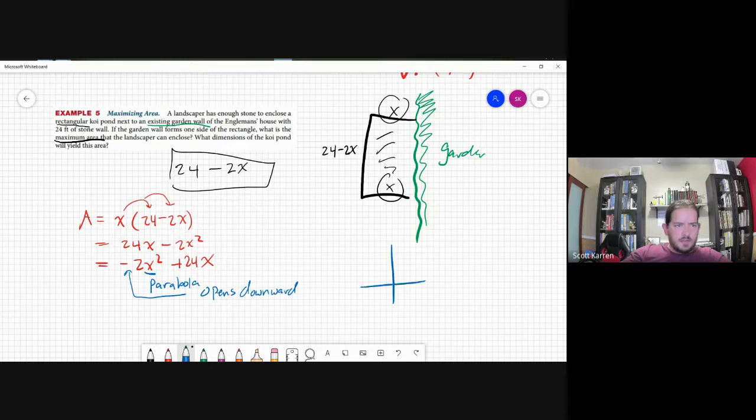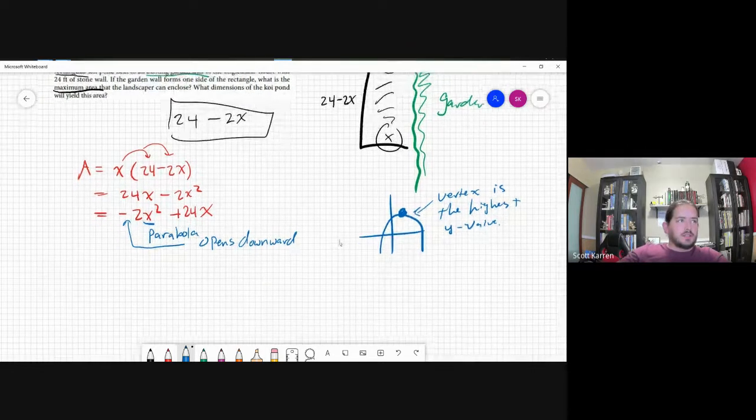But if I have a downward opening parabola, then the vertex is the highest point, or the highest value of that function. So all I really need to do is figure out where does the vertex happen, and then I'll evaluate that vertex, and that is the maximum area that I can get out of this garden pond, right?